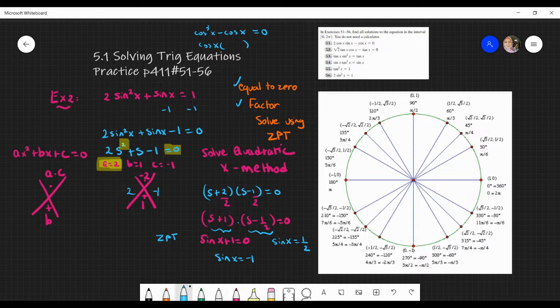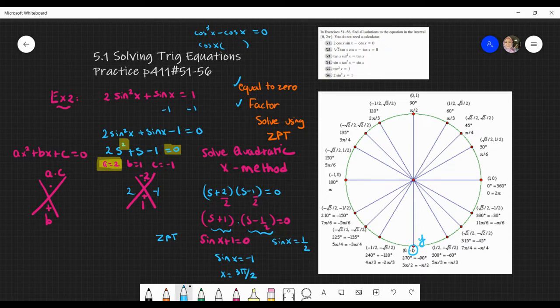At this point, I'm going to ask myself which angles have a sine equal to -1. Sine is the y coordinate, and 3 pi over 2 does have sine equal -1.